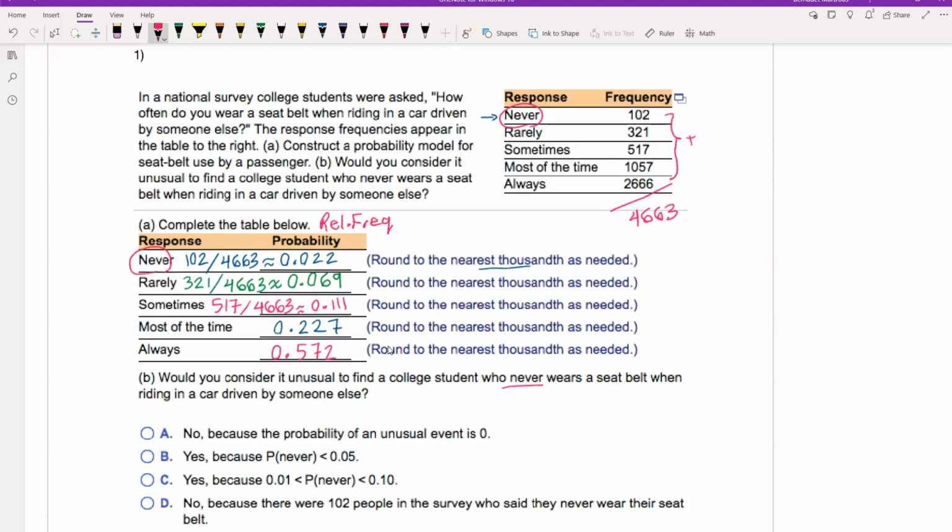It's asking if the probability of never is less than 5%. When we're trying to see if it's unusual, we have to compare that with 5%. If it was less than 5%, that means it's unusual. So the answer for this part, is it unusual, is yes, because this probability is less than 5%.